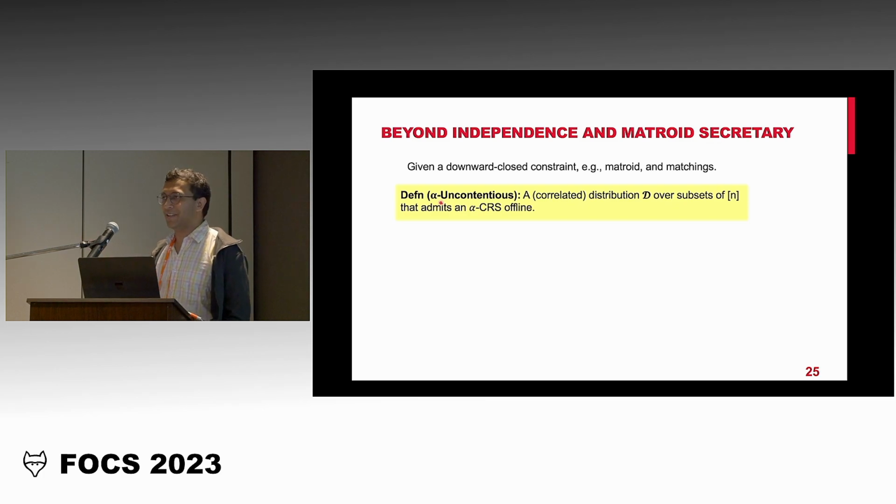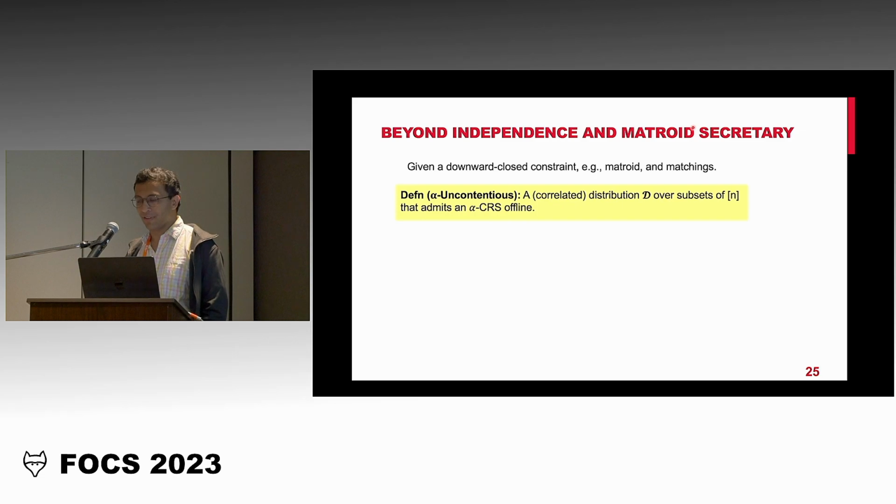The main thing to remember here is that negative correlations are often easy to handle. You can still do something pretty much the same as for product distributions. But if you have positive correlations, things become tricky, and we don't have a good understanding. For arbitrary positive correlations, you cannot get a constant alpha, but for some mildly correlated distributions, you can hope to get good constants. And that has close connections to the matroid secretary problem.